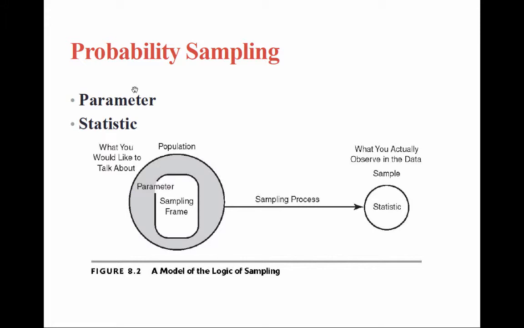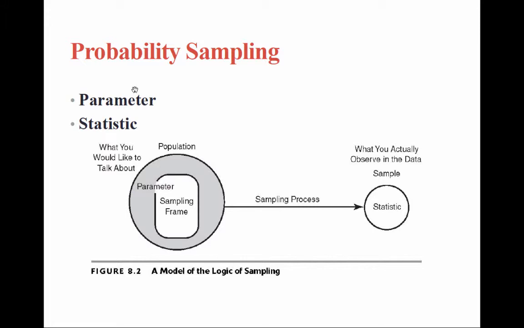Within that entire population, I have a sampling frame, something that limits how I'm looking at all of the individuals. And since I can't talk about the entire population, what I'm going to be looking at is the sample itself. So you can see here that the statistic, that's my estimate of what's coming from the population parameter.